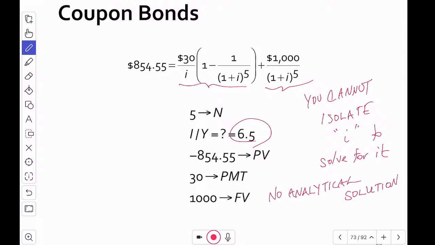The solution is derived by iteration. The calculator estimates what would be good and uses interpolation, putting in different values for the interest rate to approach this amount. Anyway, it's a different approach than what you're used to, isolating I to solve for it. You can't do that here because you have this polynomial.